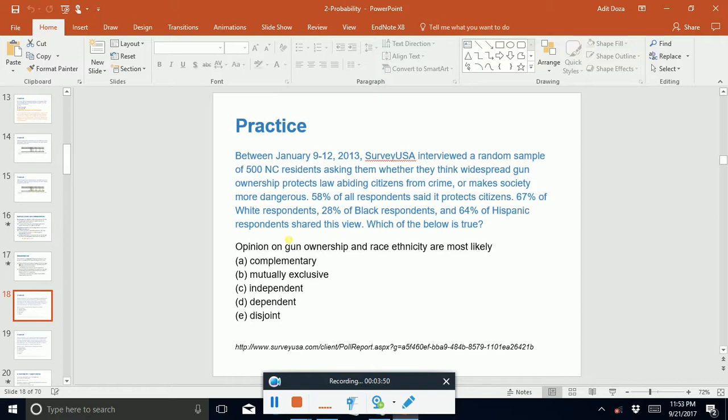So which of the below is true? Are opinion on gun ownership and race/ethnicity more likely complementary, mutually exclusive, independent, or dependent? Or is it disjoint?